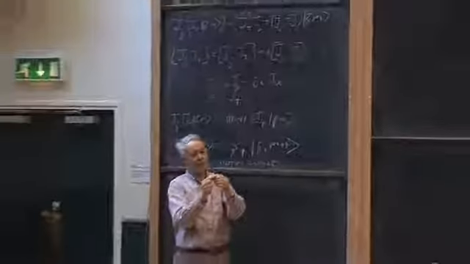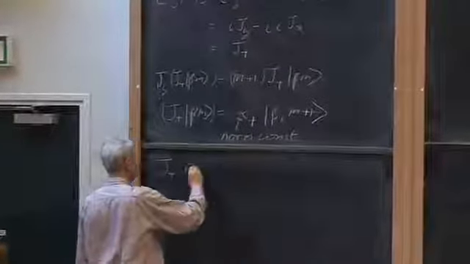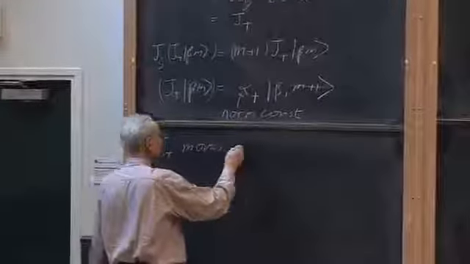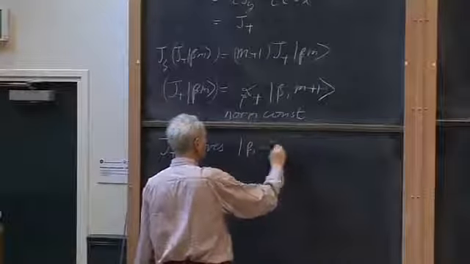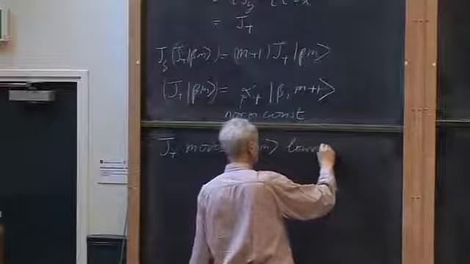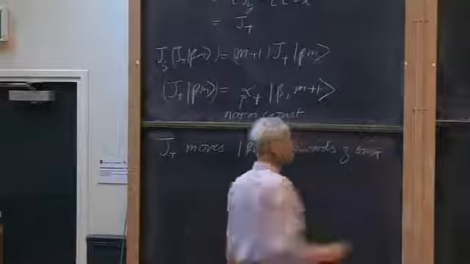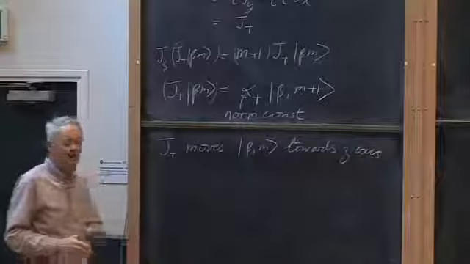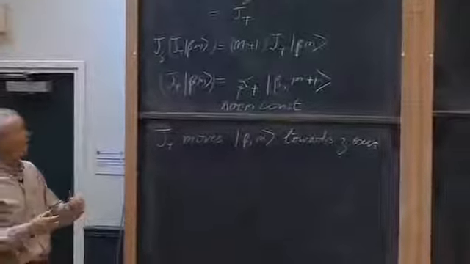That's what j plus does. It realigns the angular momentum that you've got. Strictly speaking, it makes you a new state, and this new state has the same angular momentum as the old state, but more of it is parallel to the z-axis.